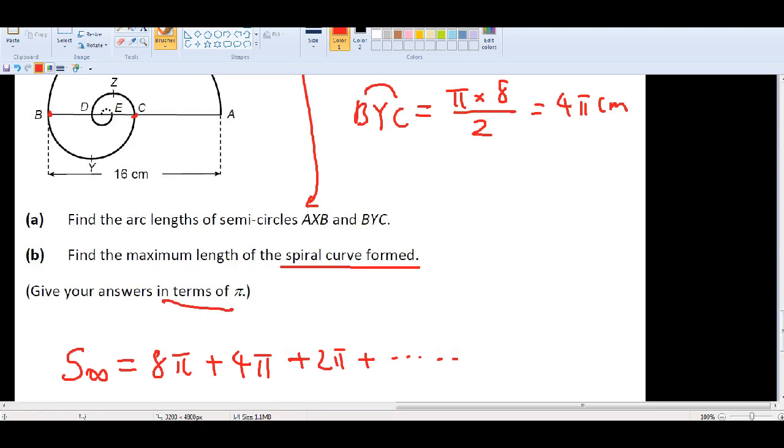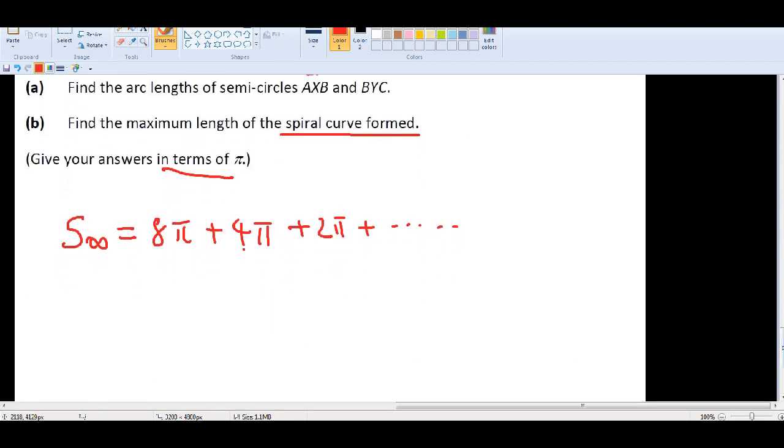Okay, so you see that this one is a very obvious geometric sequence: 8 pi, 4 pi, 2 pi. Let's say this is the first term, and for the common ratio, I just use 4 pi divided by 8 pi, second term divided by first term, half. So the common ratio is half.